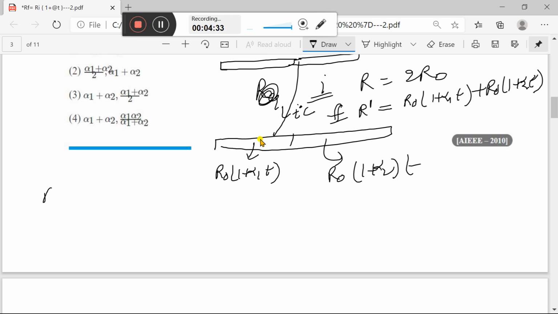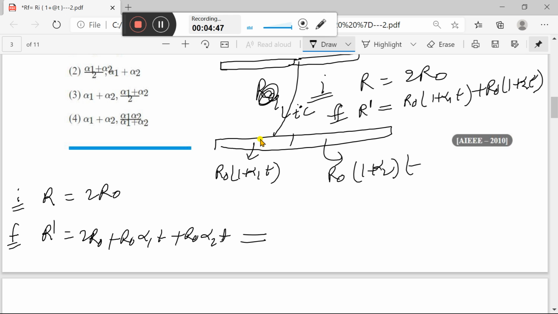Initially R equals 2R0, and finally the equivalent equals 2R0 plus R0 alpha 1 T plus R0 alpha 2 T, and this final is also the initial into (1 plus alpha equivalent into T). 2R0 gets cancelled.